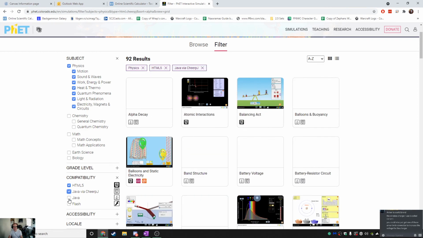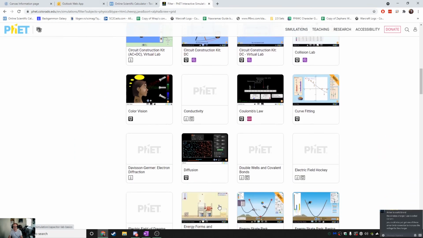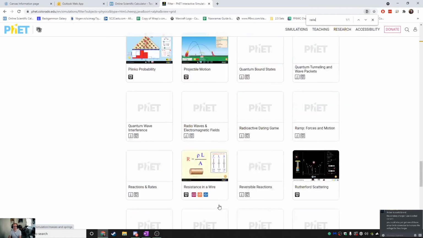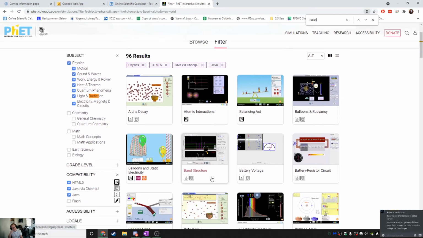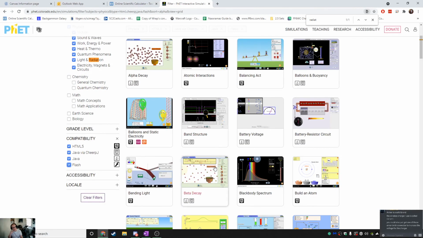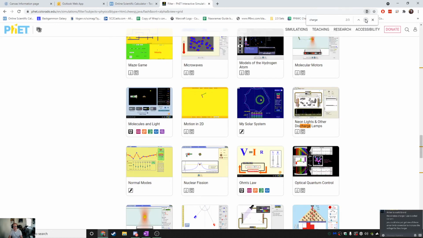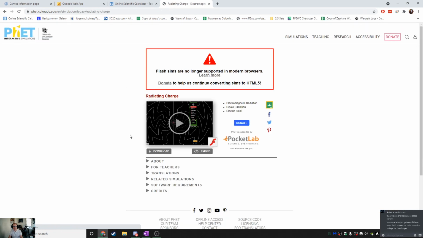What do I have to do? What's missing from here? It's called Radiating Charge is what it's called. So I can just find it. No, it's not on here. Am I missing one? Do I have to click the flash button? I hope they didn't just get rid of it. Some of these things probably don't work anymore. Oh, there it is. Okay, it was Flash. Flash sims are no longer supported in modern browsers.